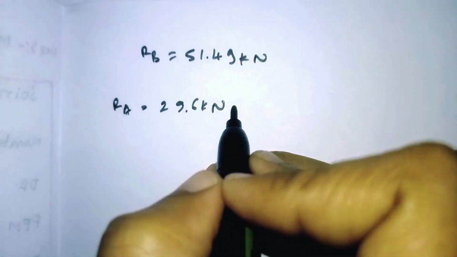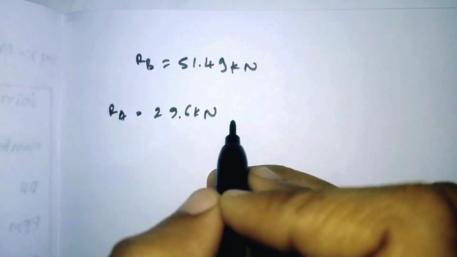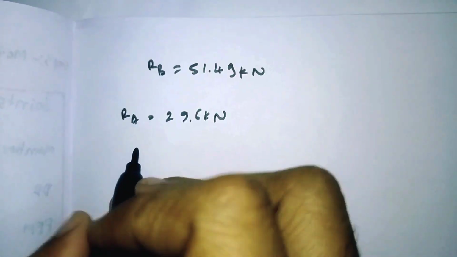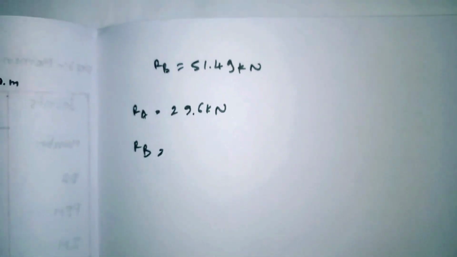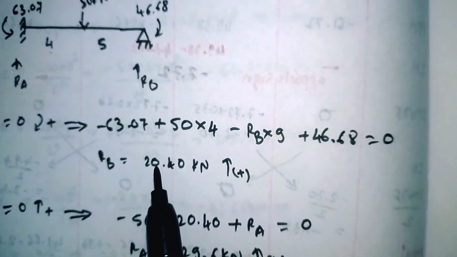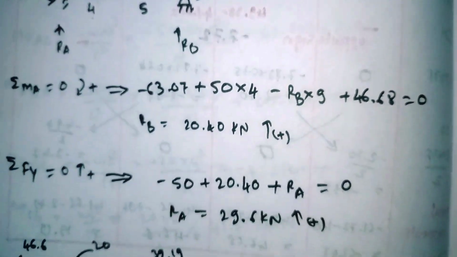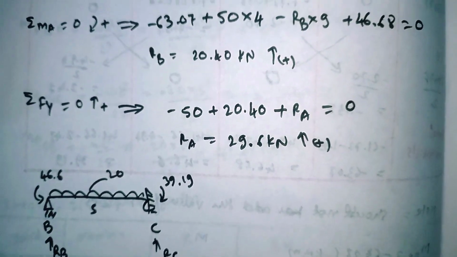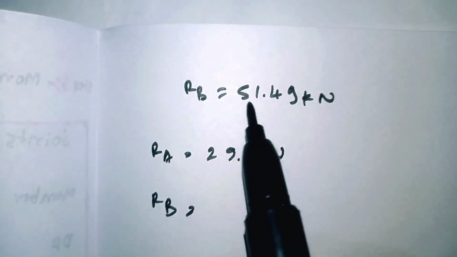So our RA value we got was 29.6 kilonewton. It is moving upward, means it's positive. And our RB value: for span AB we got the RB value 20.40, and for span BC we got the RB value 51.49.